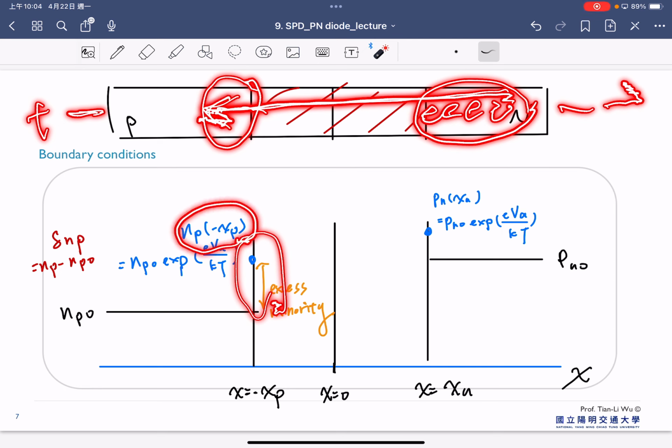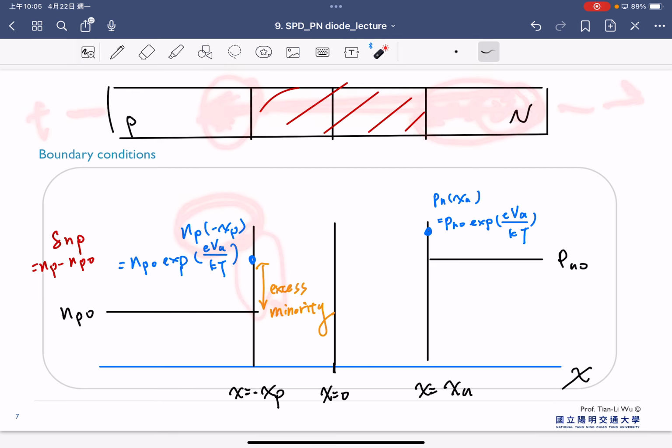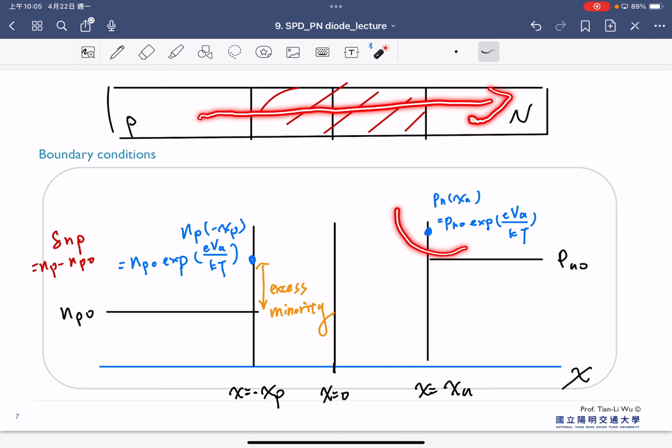That's why we have the excess carrier in the P region, because it comes from the N region. Similarly, the holes can flow from left to right, and once they do, the holes also become the excess minority carrier in the N region. So that's why it will become these terms here.